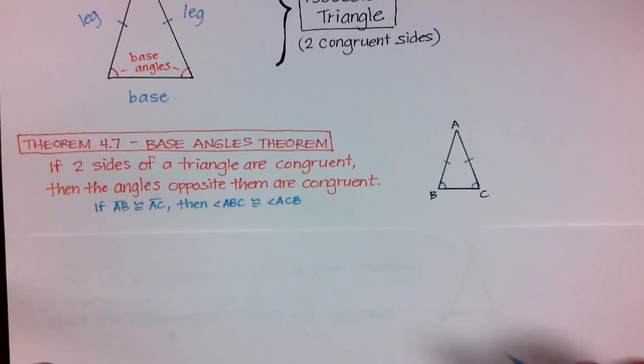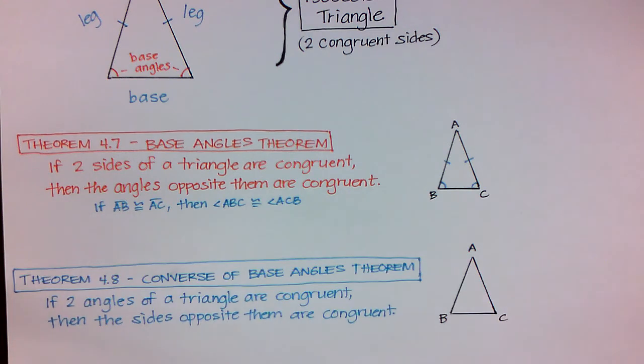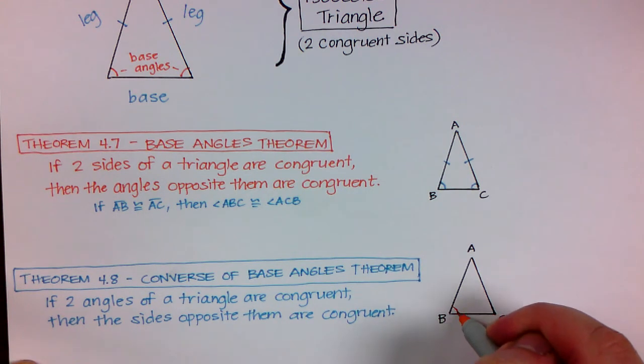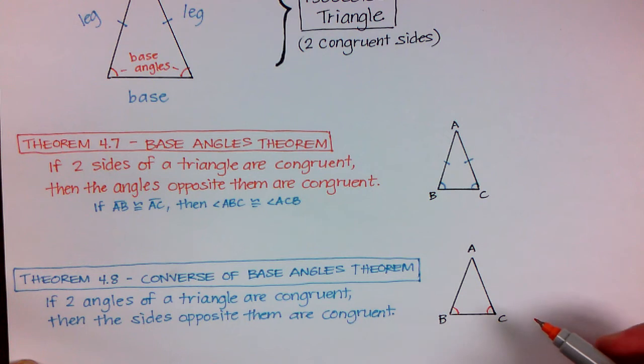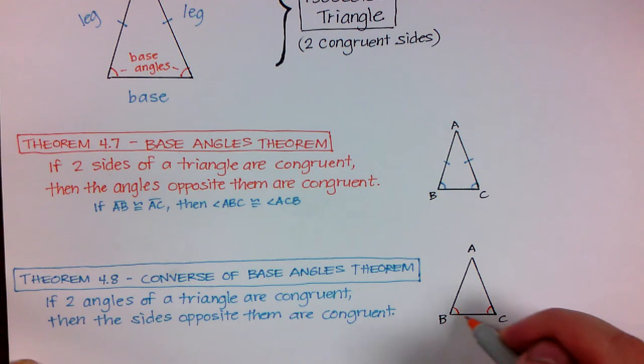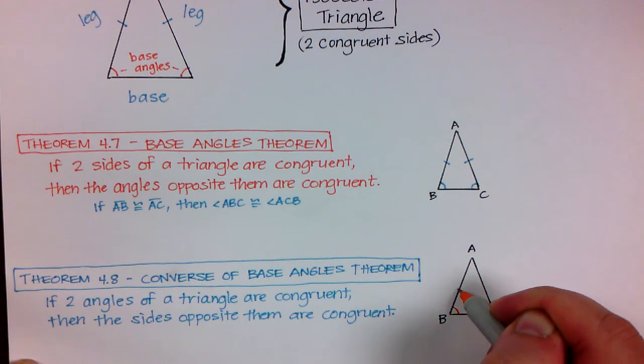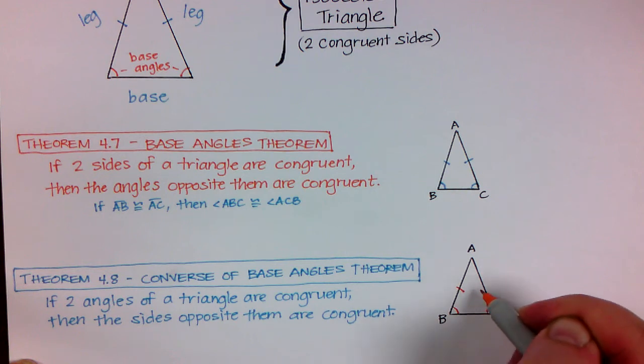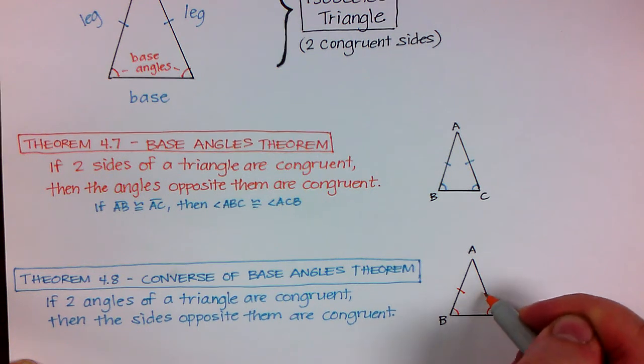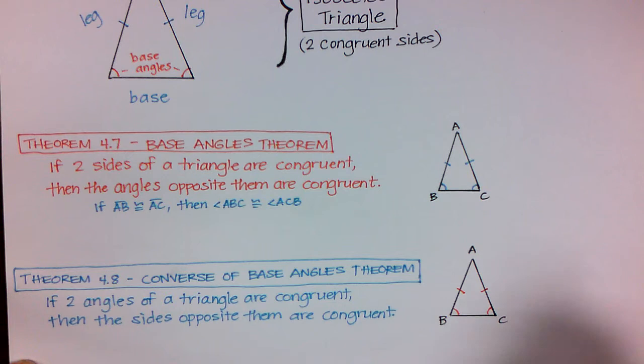I can actually talk about this information in the opposite direction as well. Theorem 4.8 is the converse of the base angles theorem. And it says if two angles of a triangle are congruent, then the sides opposite them are congruent. So now we're starting with two angles that are congruent. And I can say that if they are congruent, the sides opposite them, so this would be AB, and the side opposite ABC would be the side AC, then those are congruent.